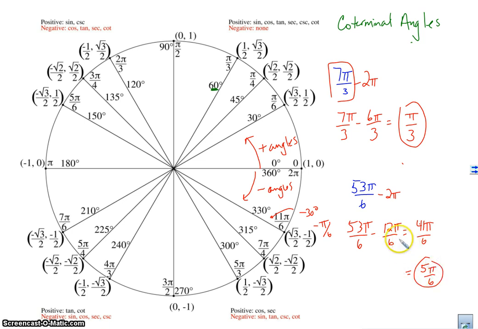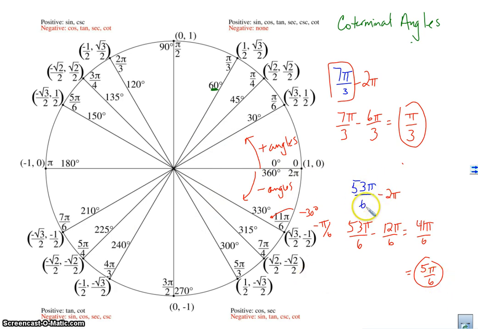Now, I could do that. That works. But there's a method that you can do to make it a little bit easier. Remember when I just said I know that it went around 4 times because if I divided 6 into 53, I get 8 with a remainder, right? Well, if I get all the way back with those 8 times, that remainder is going to be 5 pi over 6.